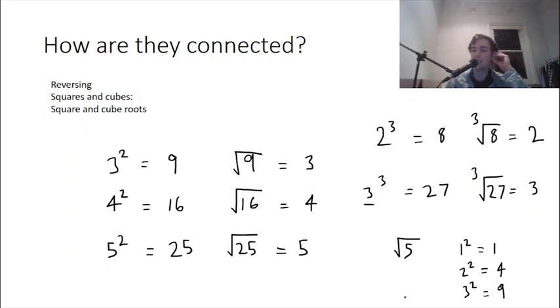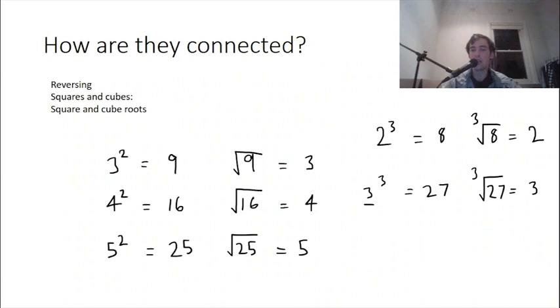That means the square root of 5 has to be somewhere in between 2 and 3, but we don't know exactly where it is. And this introduces the next topic, which is irrational numbers. The square root of 5 is a particular type of number, which is very hard to get without a calculator. And even if you use a calculator, you can't find it exactly.